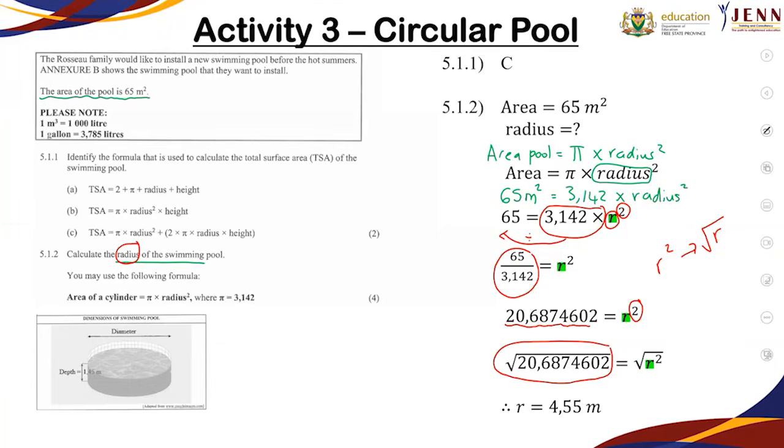If you can remember from my previous slide, the opposite of r squared, you must find the square root. So therefore here I have the square root of 20,687,4602, which is equal to, now I'm getting rid of the square by using the square root. Therefore, my radius will be 4,55 meters.